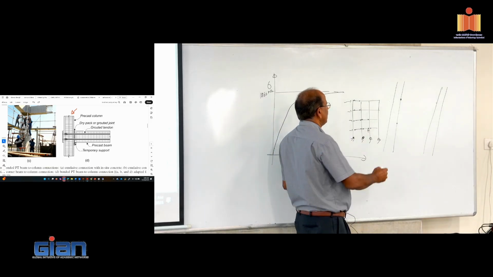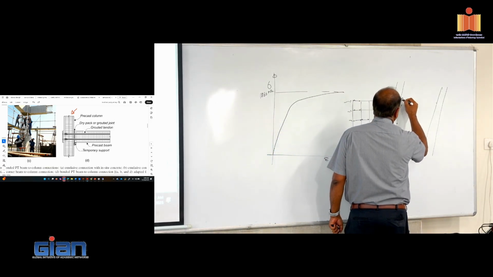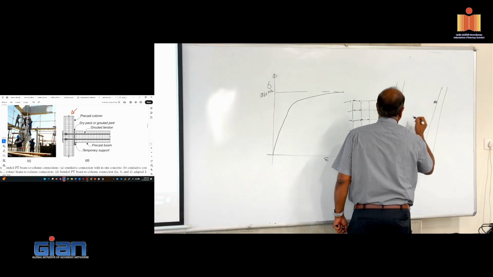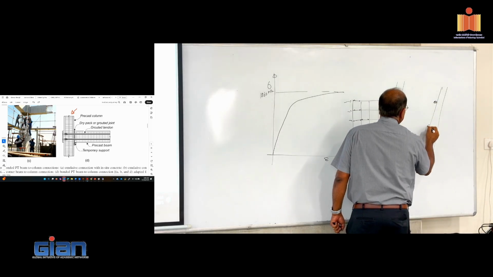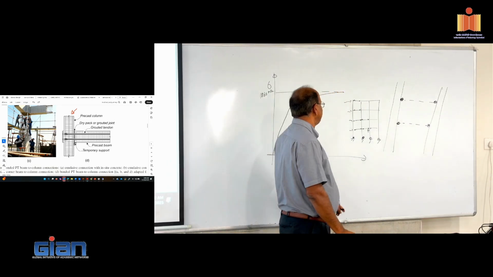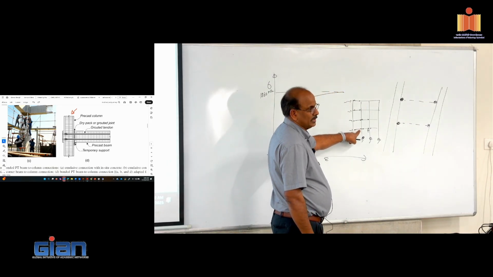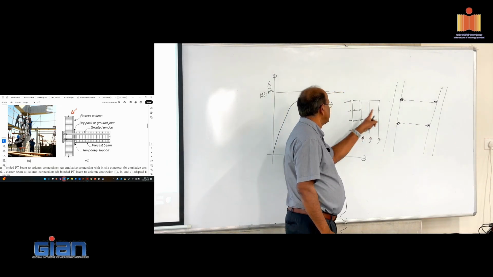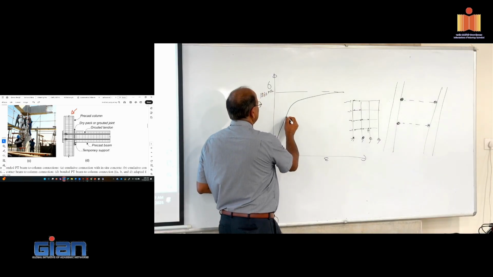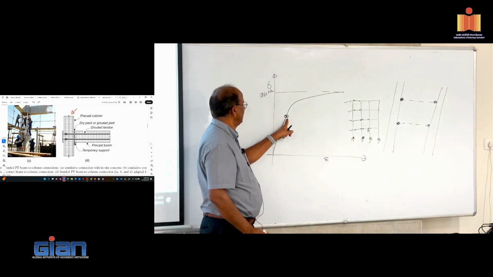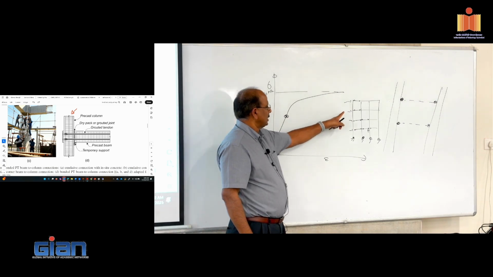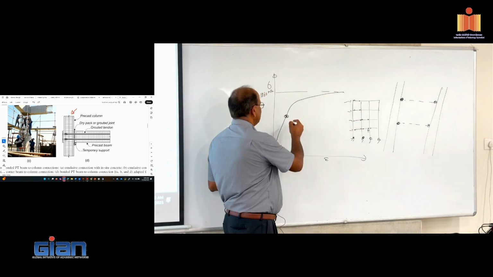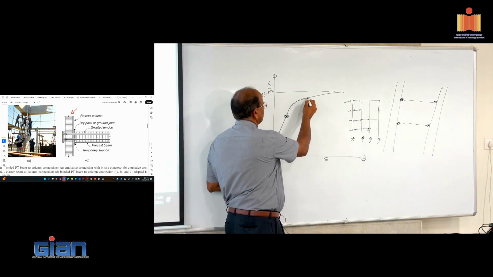Okay? So yielding is going to happen at this location and at this location in the beam, so that the beam can rotate at these two locations. So if I use post tensioning, let's say you apply some post tensioning value here. As it goes through deformation, this force will increase and go to somewhere here.